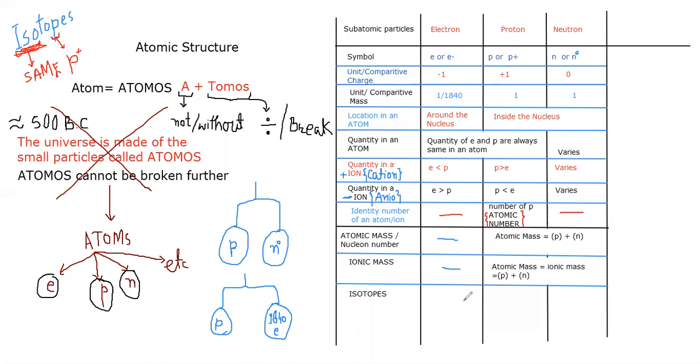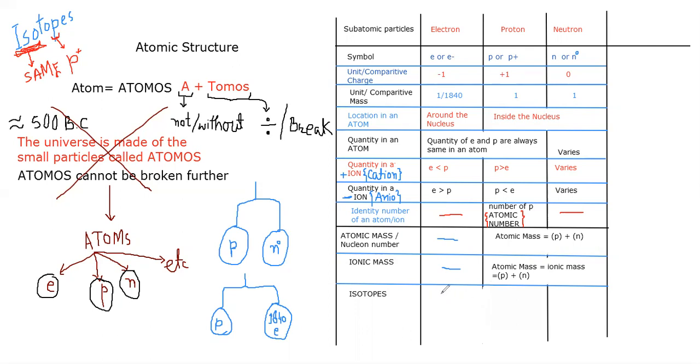But when we talk about the isotopes in an atom, the number of electron and proton is always the same. Although there is no role of electron here, we know that if we find out the number of proton, we can also find out the number of electron.